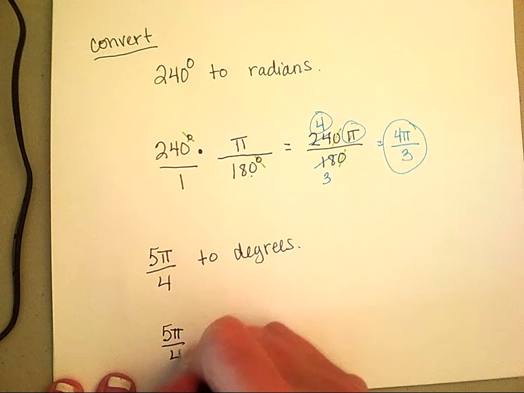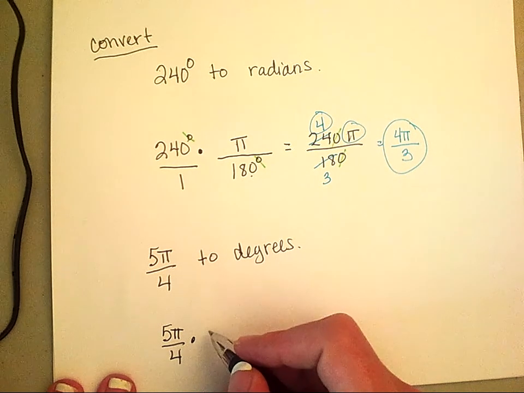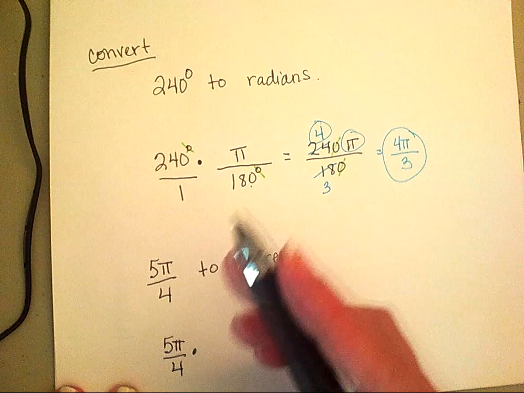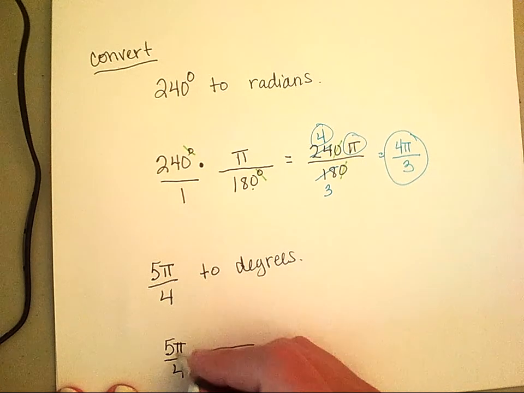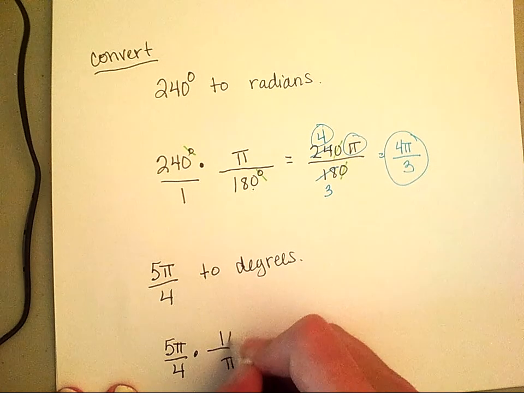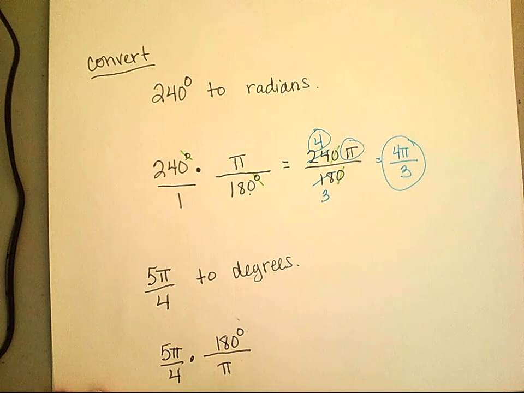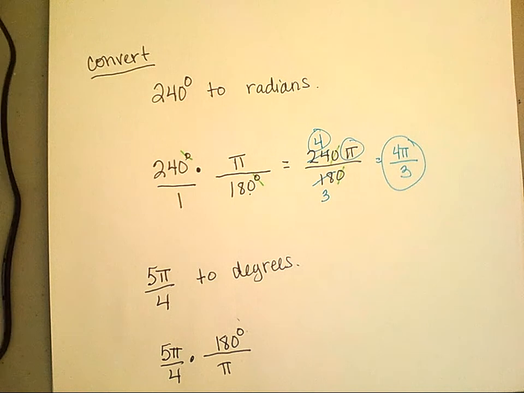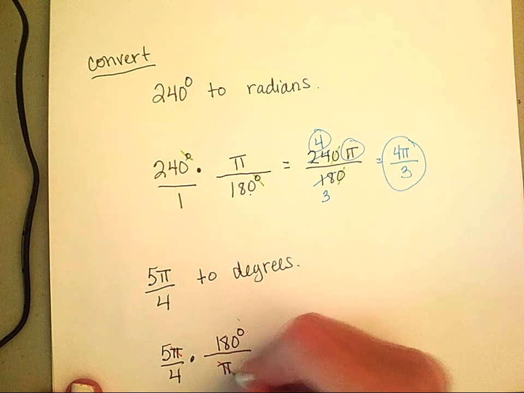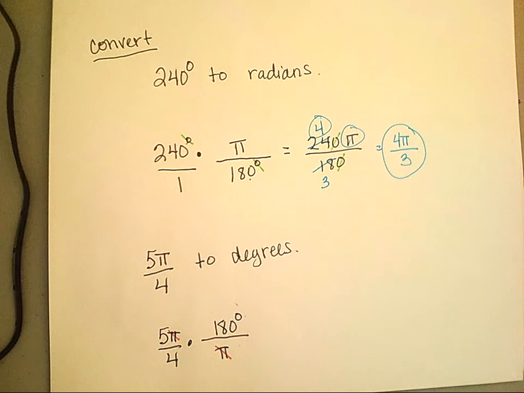Okay, well, I have 5 pi over 4, and I want to multiply this by 1, and I want to get out of the pi's and be left with degrees. So I'll need the pi's to cancel, and I'll multiply by 180 over pi. Okay, so this is just the number 1. And by doing that, the pi's will cancel.